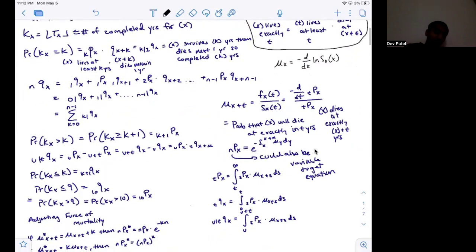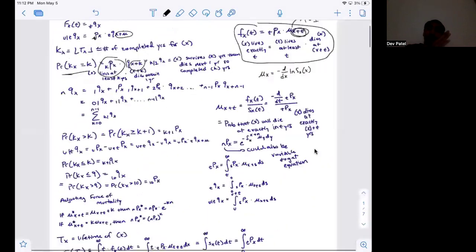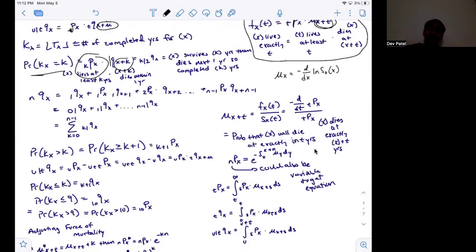The discrete version of this, so the probability that Kx, the number of completed years, equals K, is the probability that aged X survives at least K years times the probability that X plus K dies within the next year, because they have completed exactly K years. So they have lived at least K years.